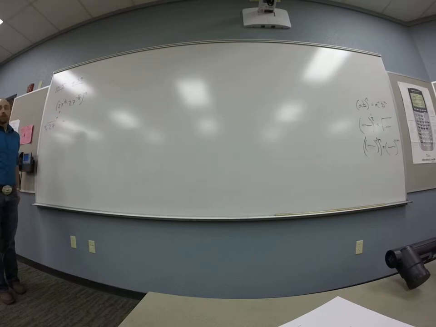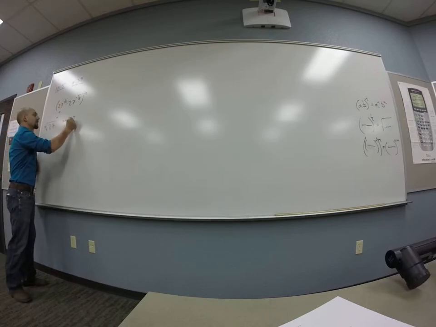Oh, okay, let's do the stuff in the parentheses first. That's fine. Yeah, sure, absolutely. How can I combine the stuff in the parentheses? Just add the exponents. Oh, there's 27s. Cool.